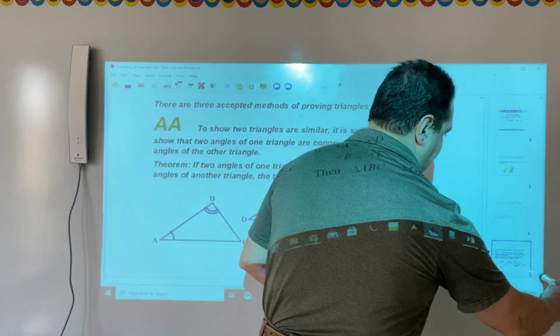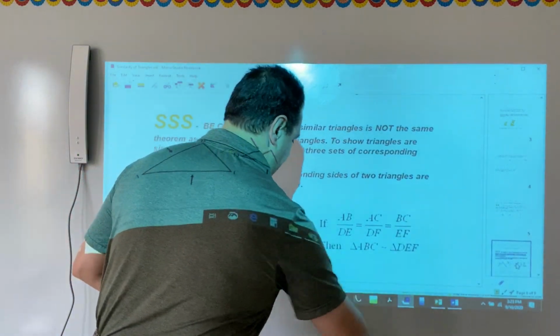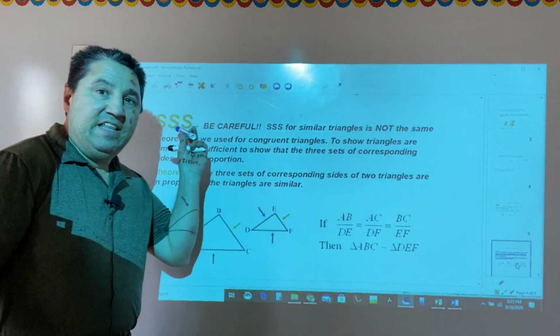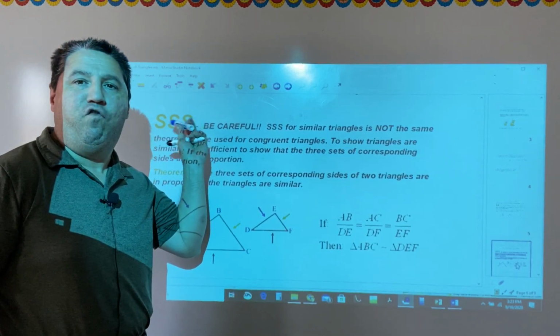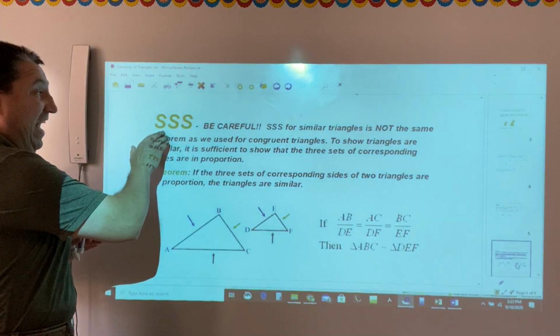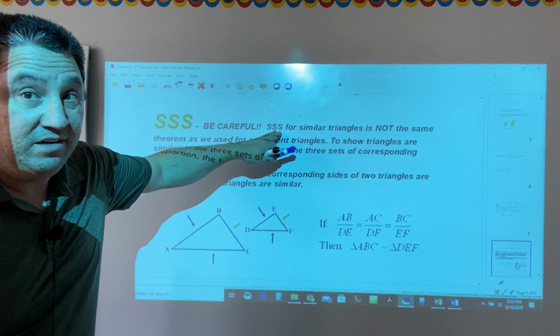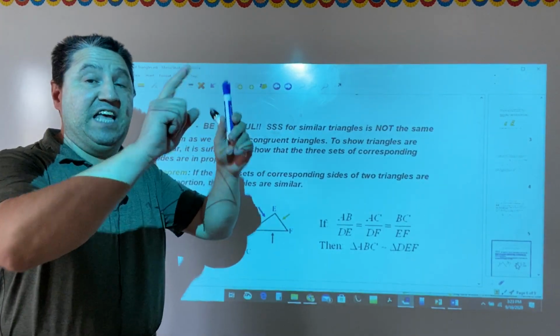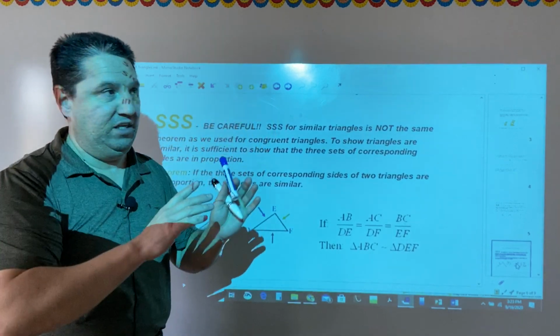Another case, the second case, is so-called SSS. Remember, we had also the same name for congruency case of triangles. But now, be careful. SSS has different meaning here. It's not the same case as SSS for congruency. Why?